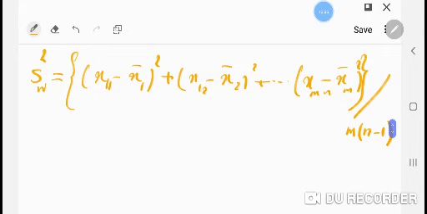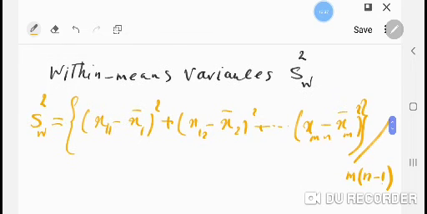The degrees of freedom of within means variance is m multiplied by n minus 1.